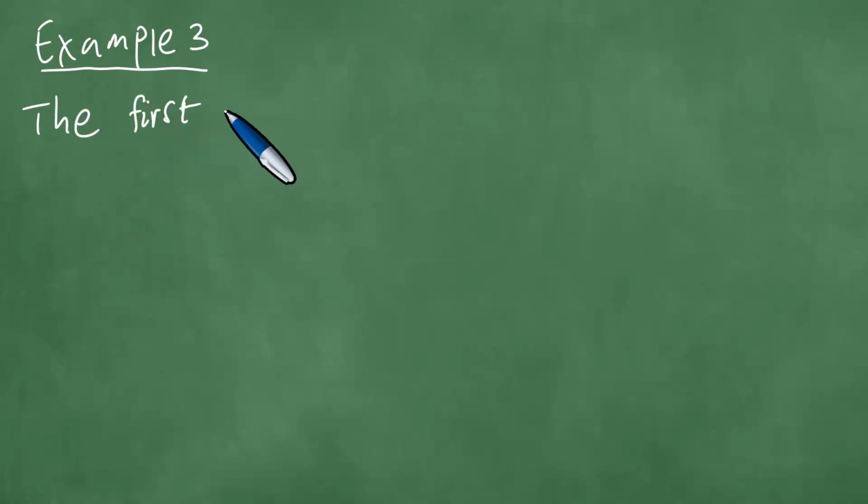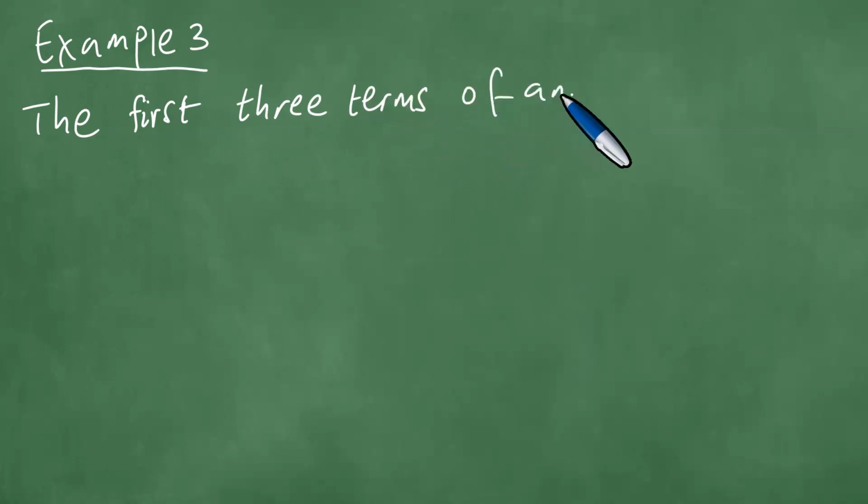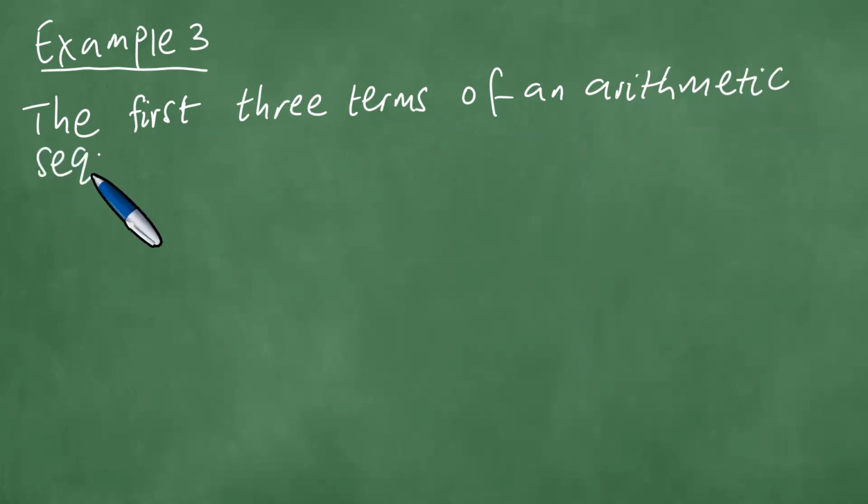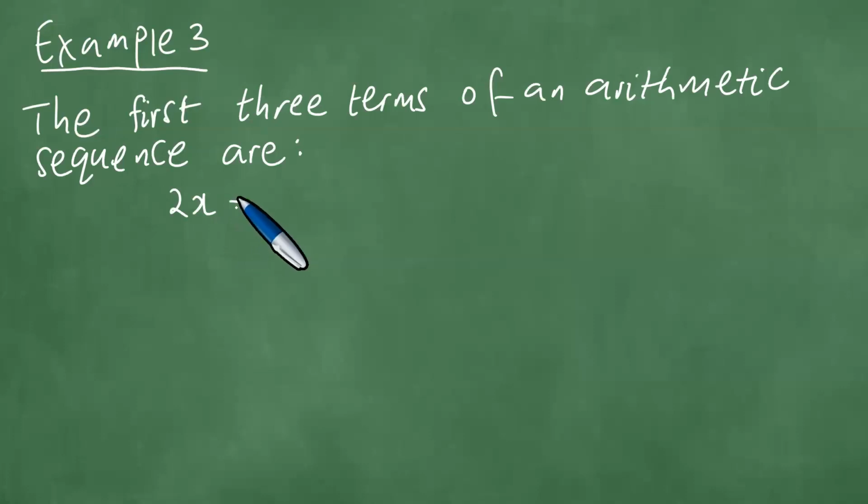Right, so if we were to say the first three terms of an arithmetic sequence are, okay, what are the first three terms? So we start with 2x plus 1.